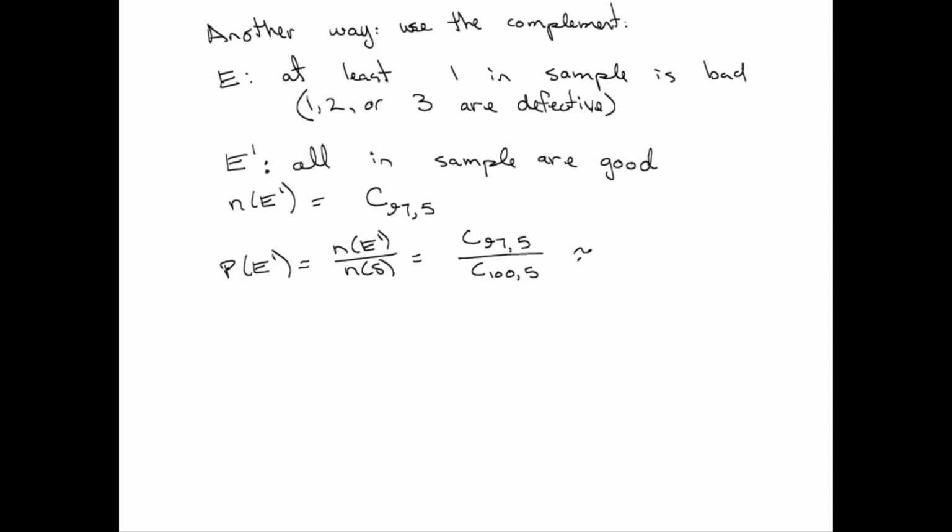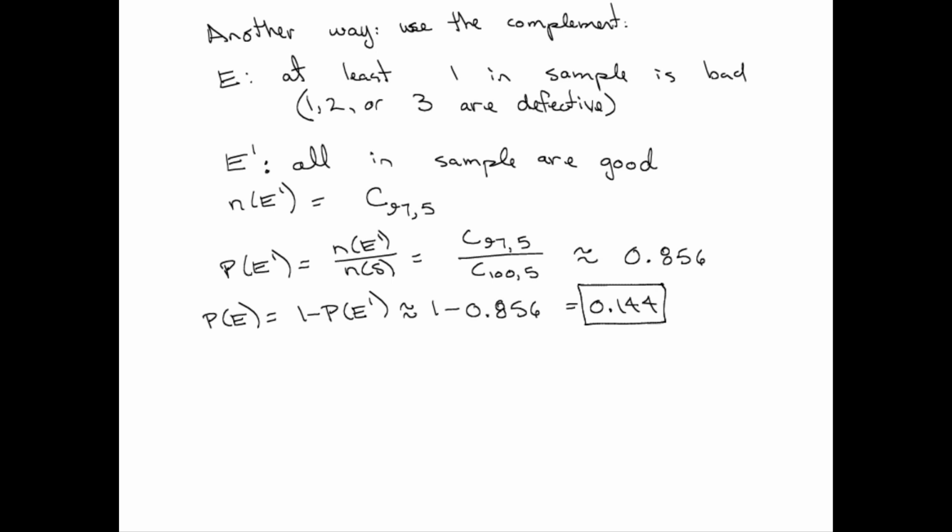This turns out to be about 0.856. Once we know the probability of the complement, how do we get the probability of the original event? We subtract from 1. And so here we get 1 minus 0.856, which is 0.144, which is the same answer we got the other way by calculating the event directly.